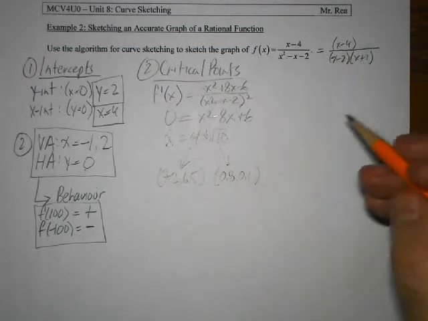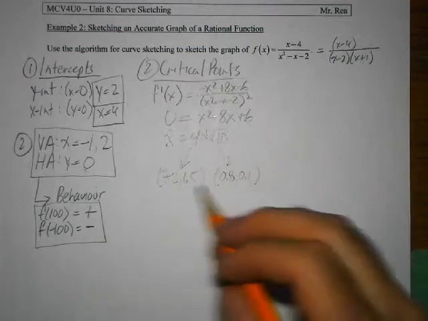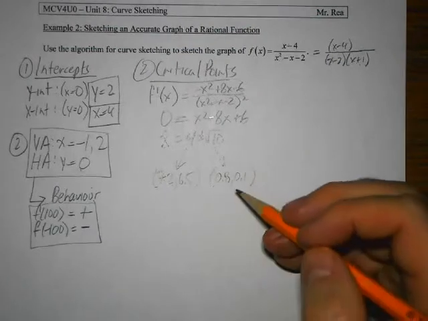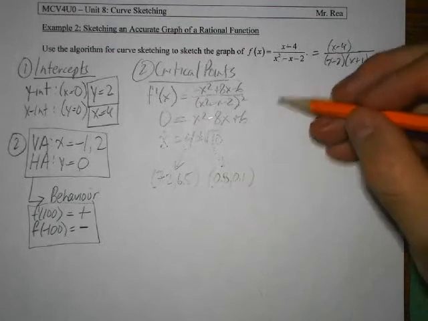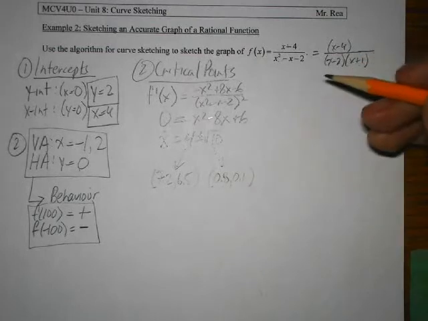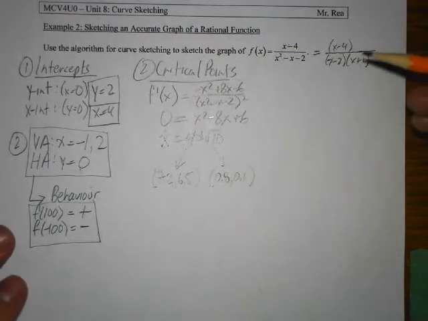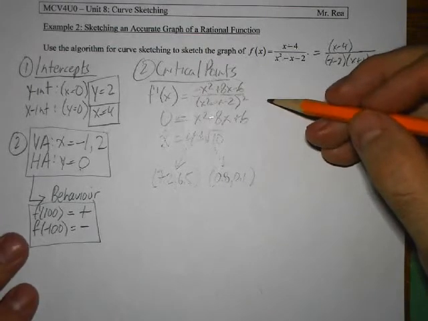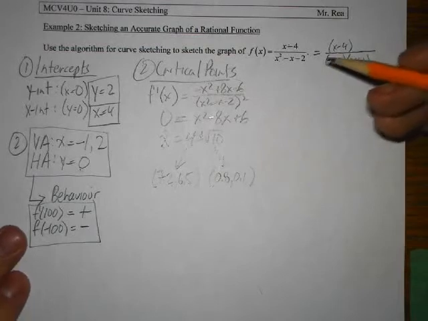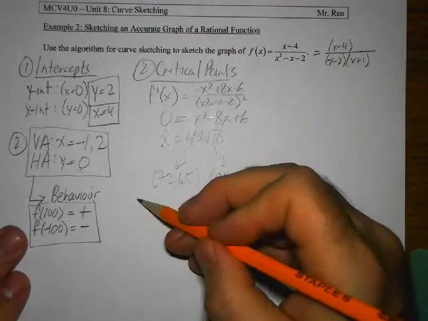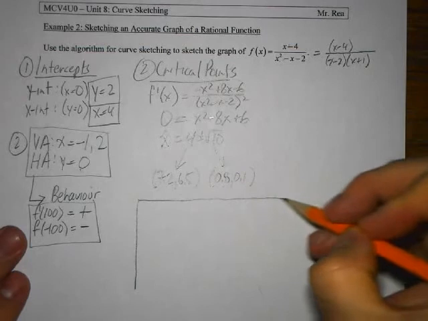Now, we don't know that these are local mins, local maxes, or neither. So what we're going to do to the side here, I'm going to take a bit more room so you can read this.